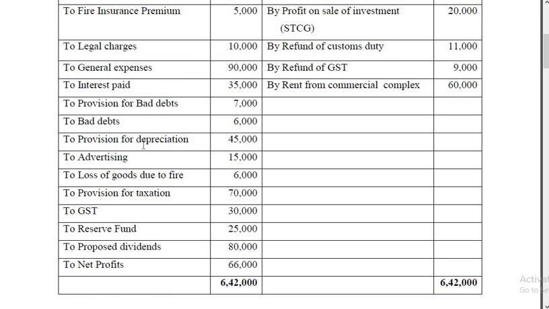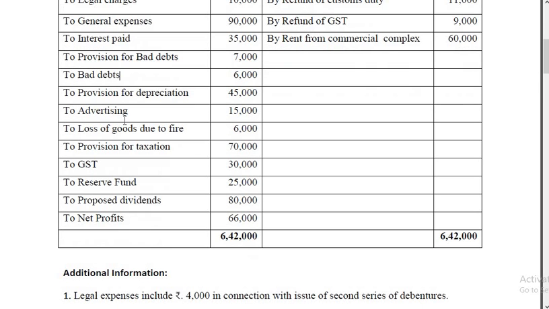That's very much allowed. Then general expenses 90,000, already you came across the adjustment. I explained that. Interest paid also includes interest on loan borrowed to pay GST. That's allowed. Provision for bad debts is not allowed, any provision is not allowed. Bad debts, that is allowed.